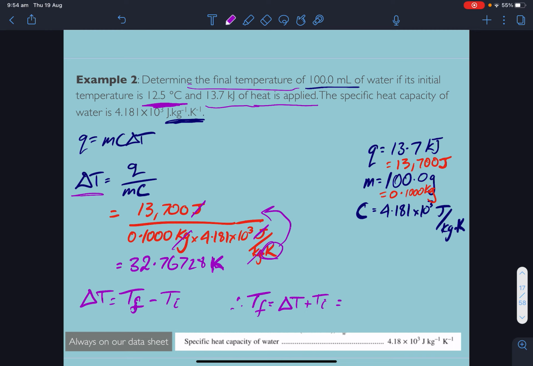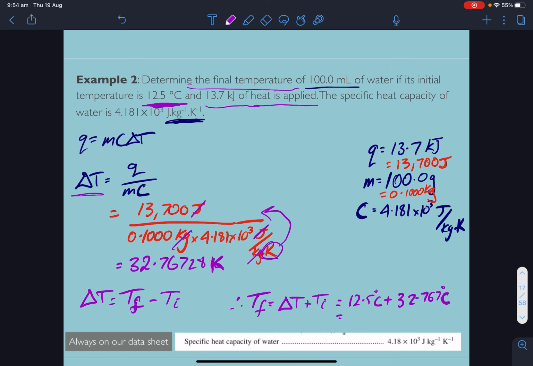So we've got temperature initial 12.5 Celsius. I'm going to have to convert back, and we're going to add on 32.767 Kelvin. That's okay, the magnitude is fine. We're going to add it on, plus 12.5.